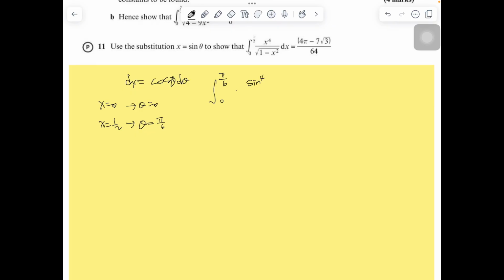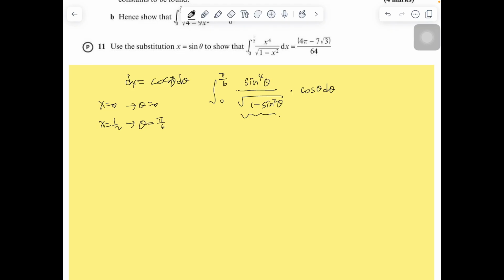Sine to the power of 4 of theta, and root 1 minus sine squared theta, and dx is cos theta d theta. 1 minus sine squared theta is cos squared of theta.